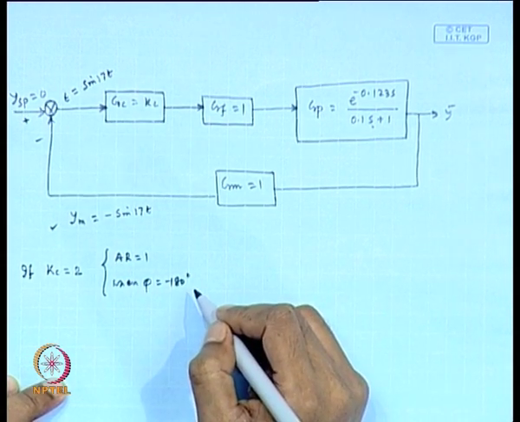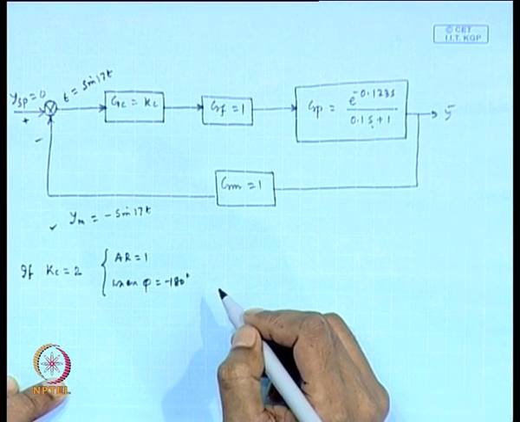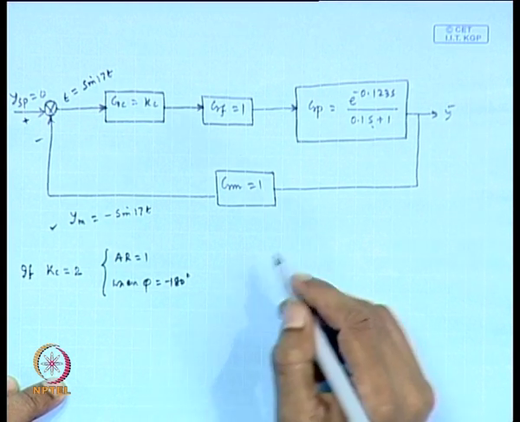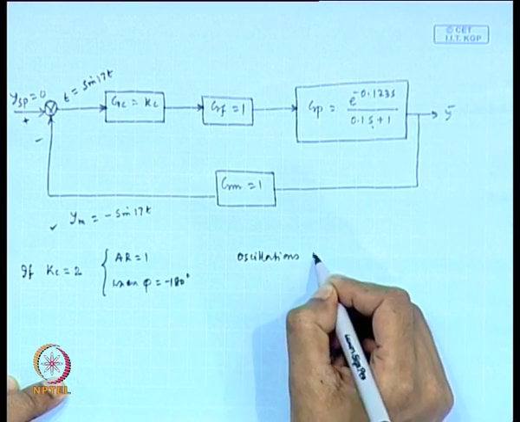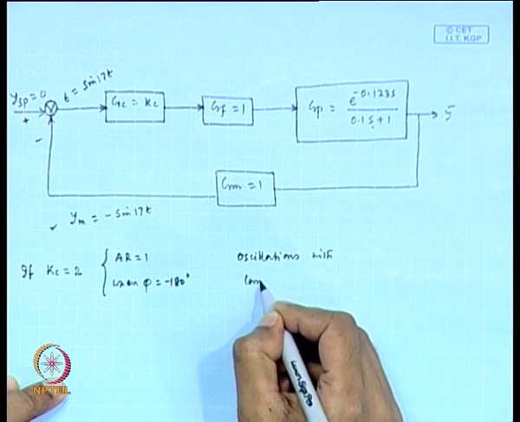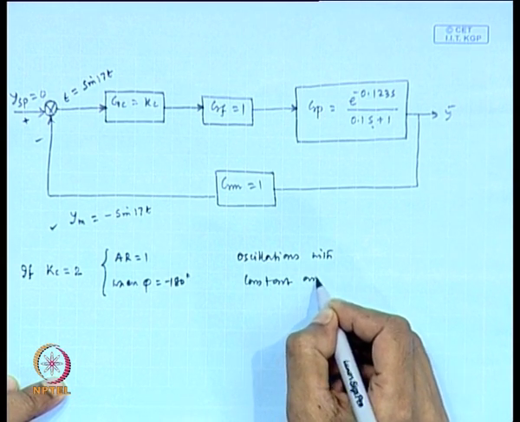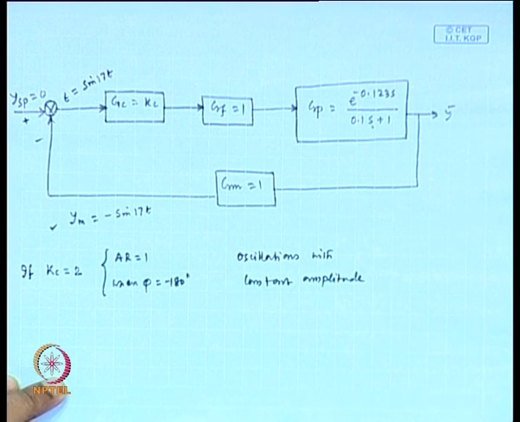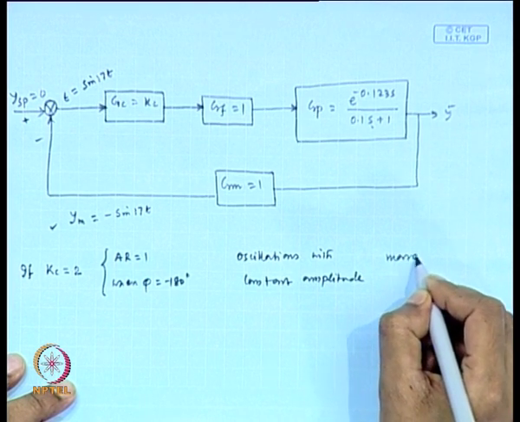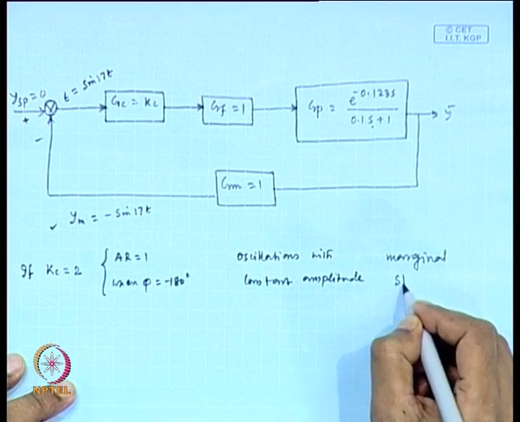And in this situation we obtain sustained oscillation, I mean oscillations with constant amplitude. What about stability? If we obtain sustained oscillation, what about stability? Marginally stable. We can use this term, marginal stability.